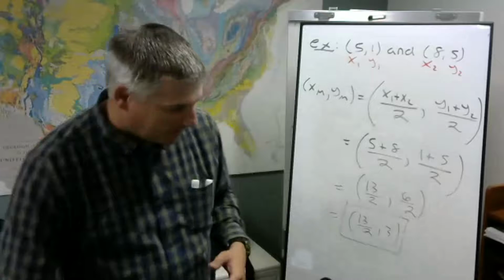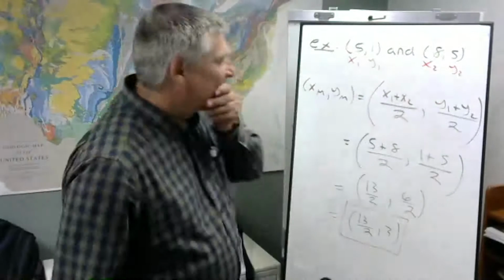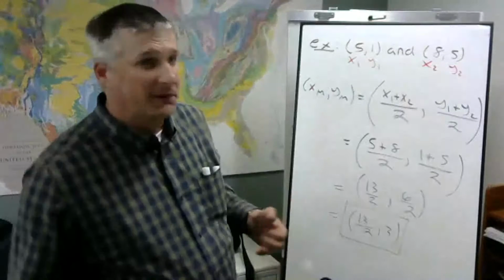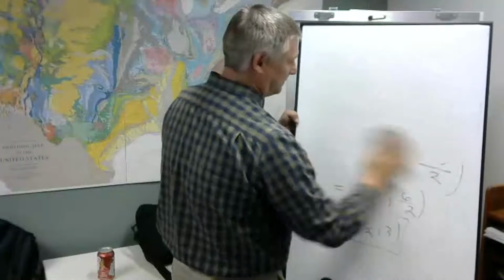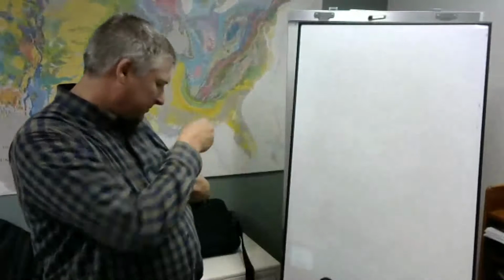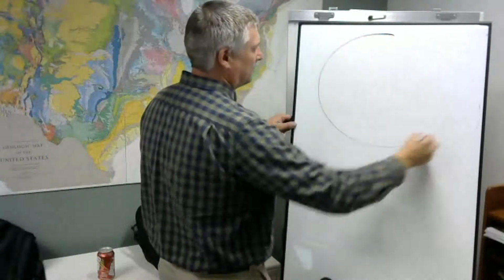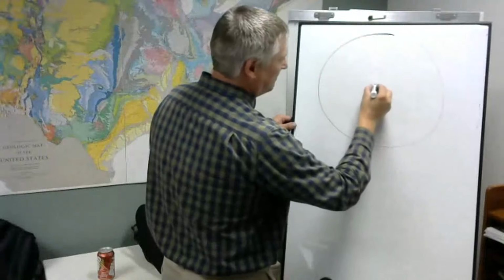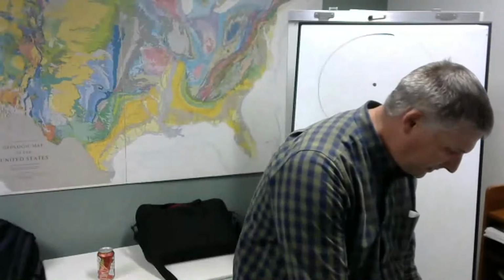All right. So that's the distance formula, and that's the midpoint formula. Now I want to talk about what a circle is. When we think of a circle, we typically think of something like this. And we're going to be interested in a center. And let's give that center some coordinates here.